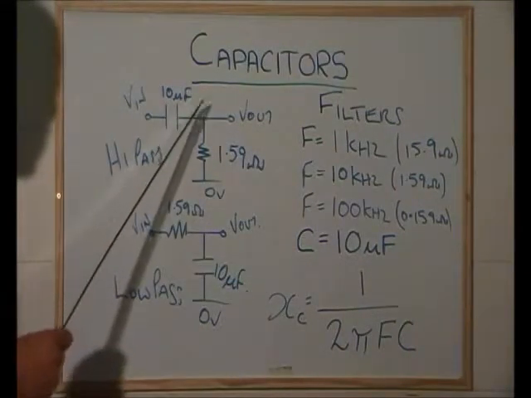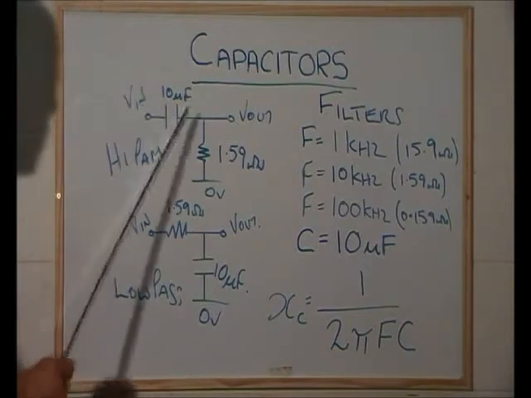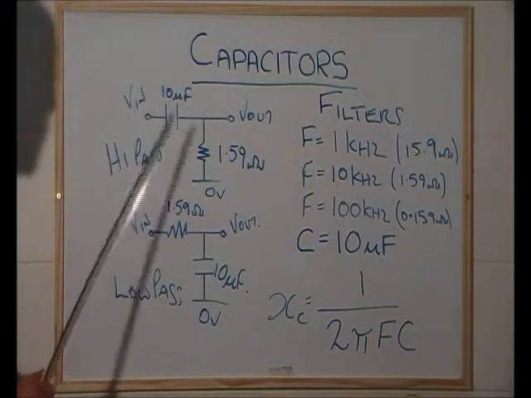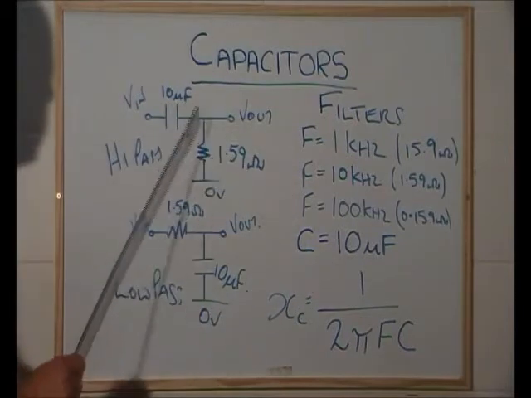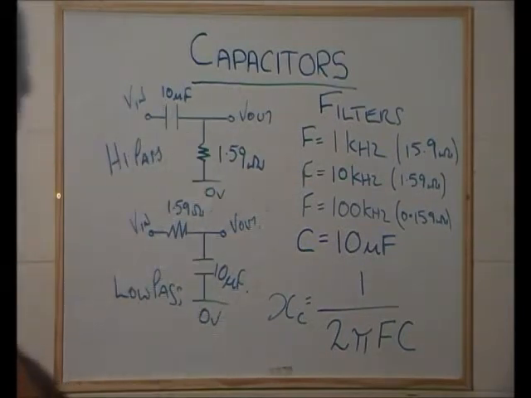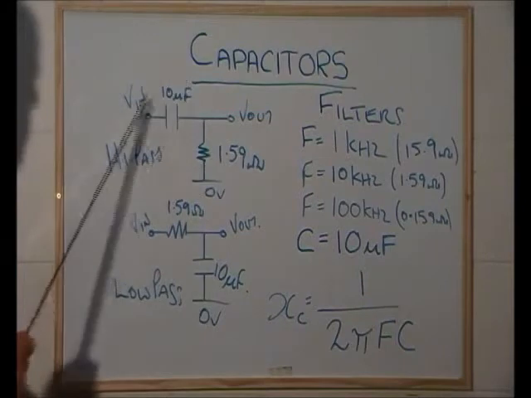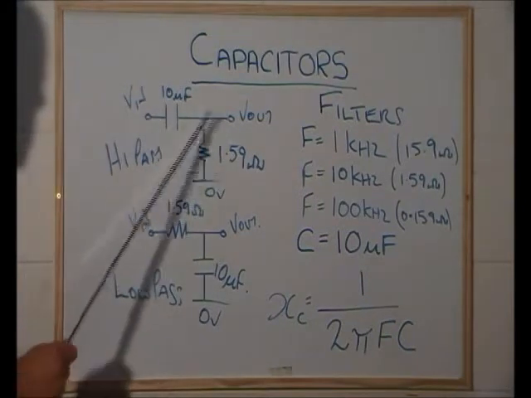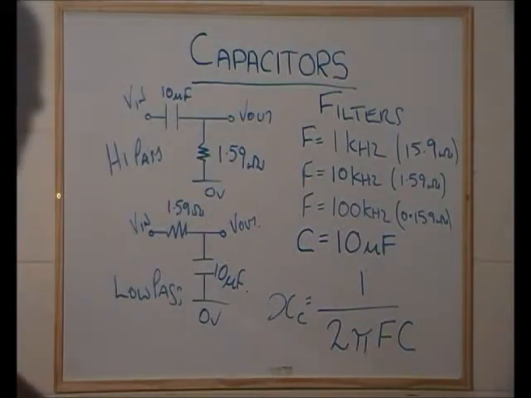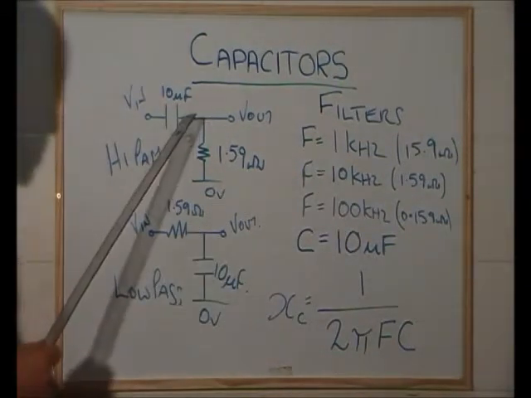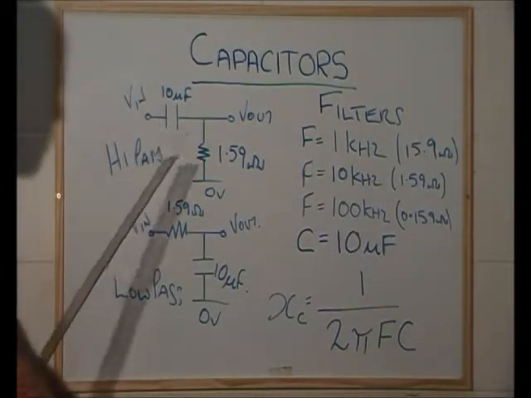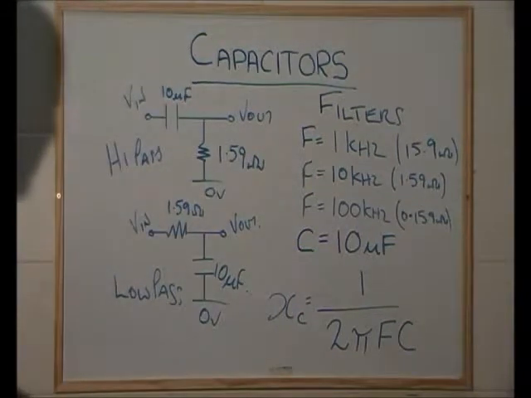Most of the voltage is going to be dropped across the capacitor, so we have 1/11 of the voltage out that we present in, because there's 10 times the resistance here as opposed to the resistance here. If the signal is 10 kilohertz, then this capacitor acts like a 1.59 ohm resistor.